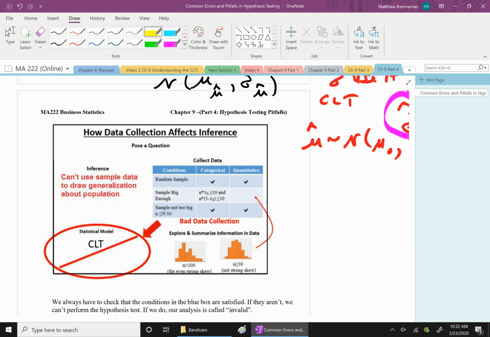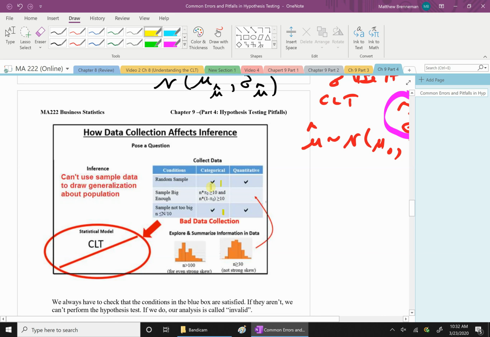So let's look at the big picture of statistics. We pose a question about our parameter, we collect our data. Now, if we have categorical, again, we need a random sample, we need to have this sample size condition satisfied, and it also can't be too big.